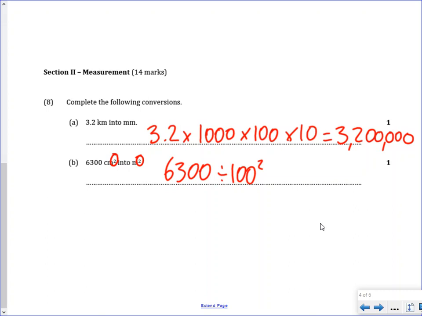Which equals 0.63 meters squared. The key thing here is, yes, we know that centimeters into meters is 100, but we're talking about centimeters squared into meters squared, so we had to do 100 squared.